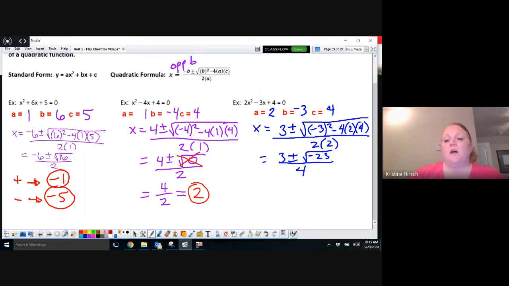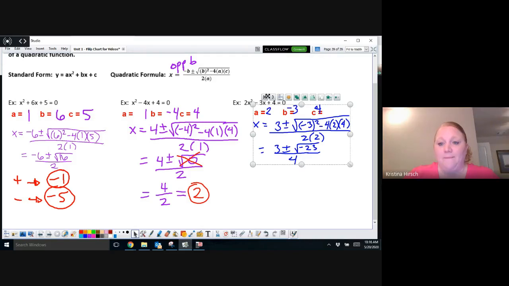So I have a negative discriminant, -23. That tells me that I'm going to have no real solutions, but I am going to have two imaginary solutions. What you have to remember is that when you have a negative under the radical, you pull out i.